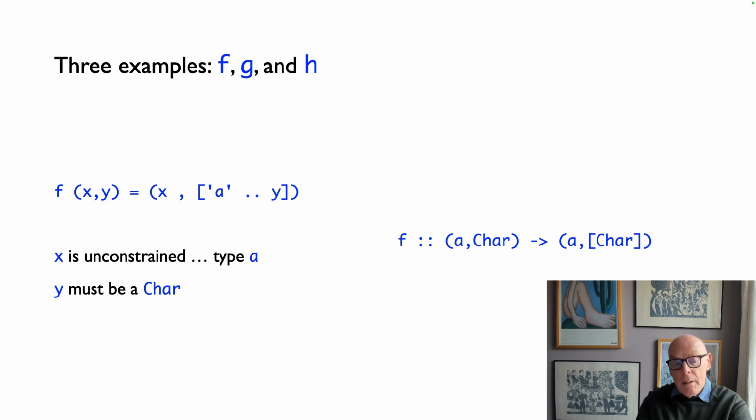Why is that? Because it's used in specifying the range of values from character A up to y. So y itself must be a character. So this tells us that F takes a pair of things of type A and char, and it returns a pair of things of type A and list of char. So we've got a type, that's the type of our function F.